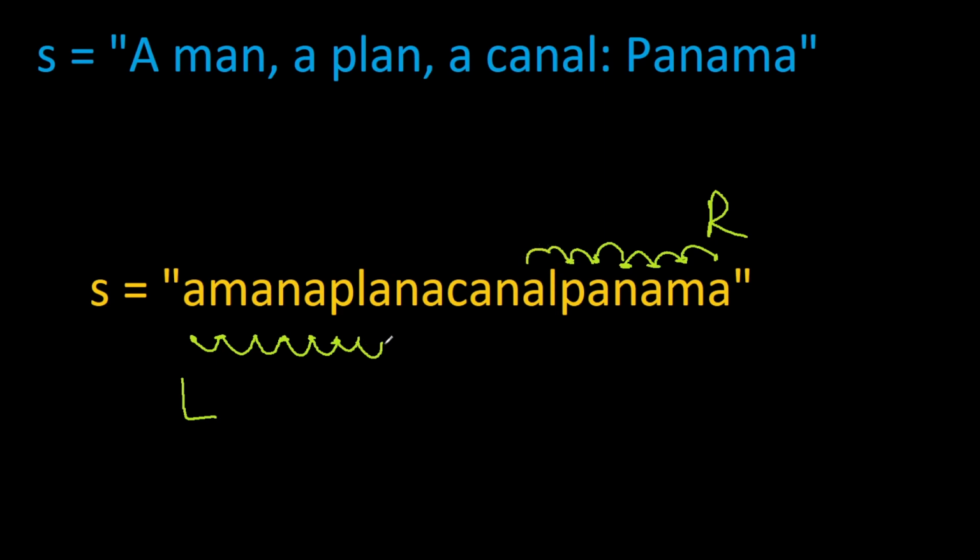A and A is the same, N and N is the same, A and A is the same. And the very last one, C, is the very center of the string. So when left comes here and right comes here, we're going to exit out of the loop and then ultimately return true.